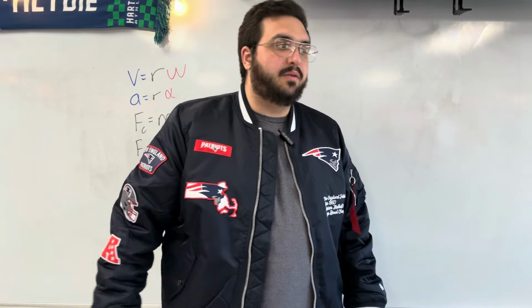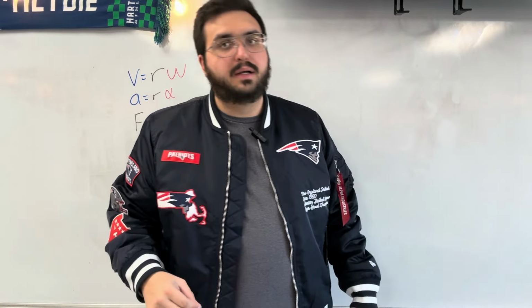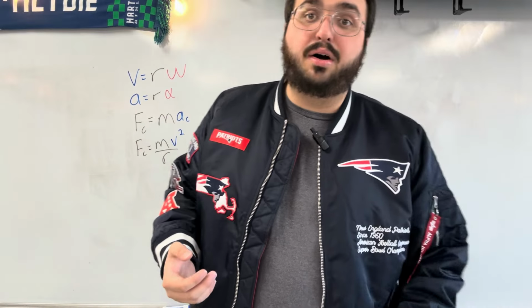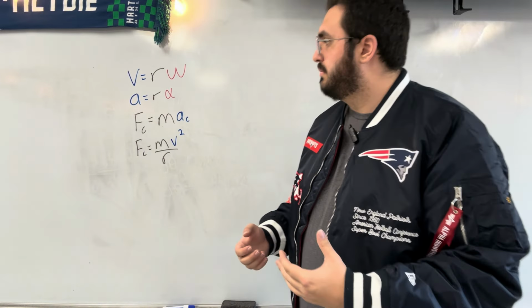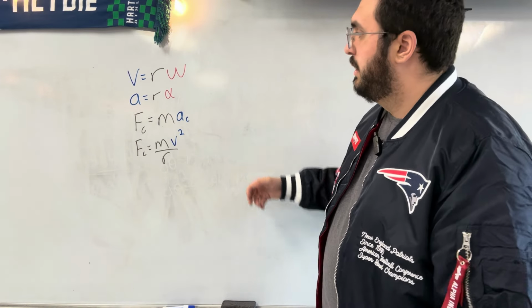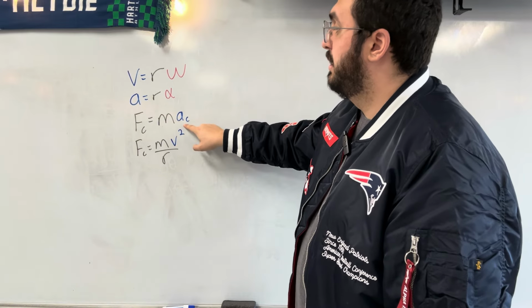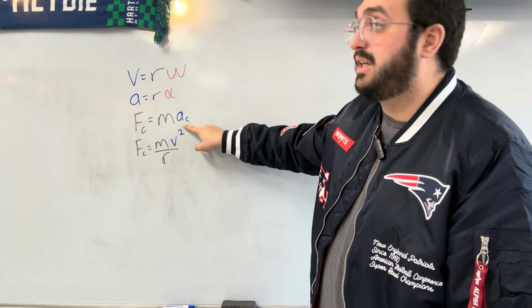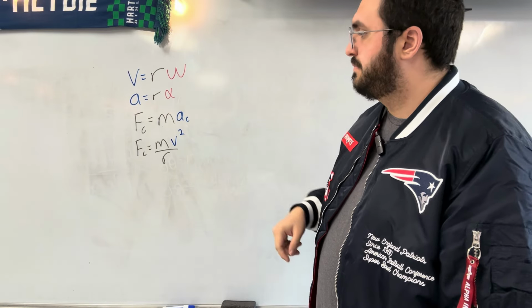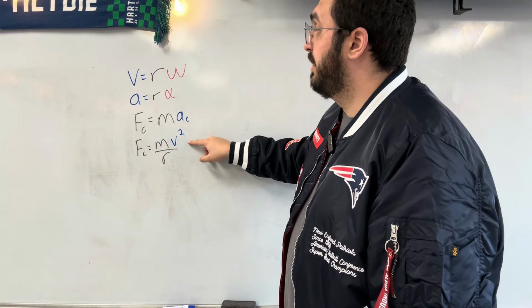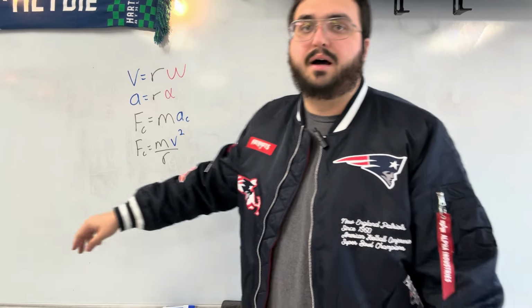Since I'm rotating it around, an acceleration is pointed towards the outside of that circle, and that creates a force because that object has mass. We call that centrifugal acceleration, or centrifugal force, and we find it by doing mass times our rotational acceleration. We can also do it by doing mass times velocity squared divided by the radius of our circle.